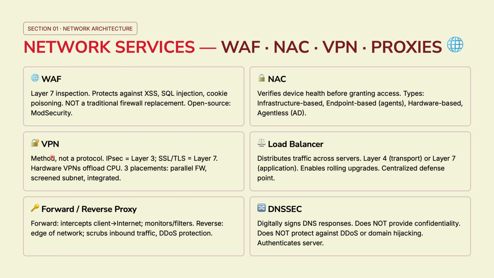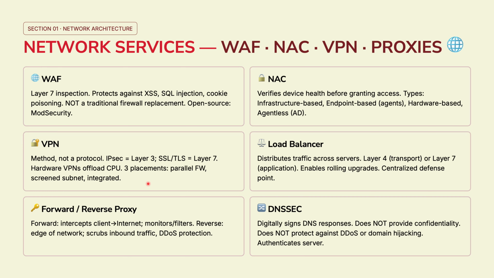Now, the VPN is a method, not a protocol. It uses IPsec, which operates at layer 3, while SSL/TLS VPNs operate at layer 7. There are 2 types, hardware and software.